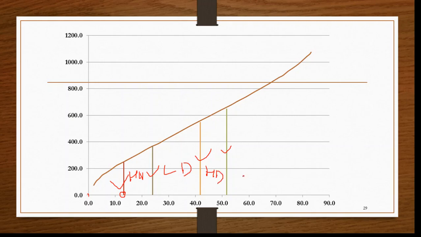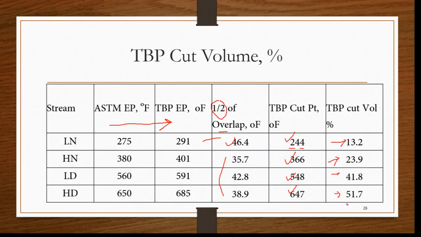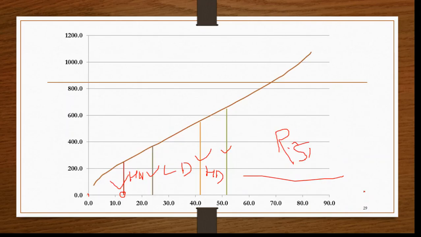The remaining is residue. We are not going for the residue, we are only concentrating on the distillates. So the total distillate is 51.7 volume percent. From 0 to 51.7 volume percent is the total distillate that we want to produce, and that is divided into four products: light naphtha, heavy naphtha, light distillate and heavy distillate. So that's all about it. You have to go through it carefully and understand the steps. Thank you.